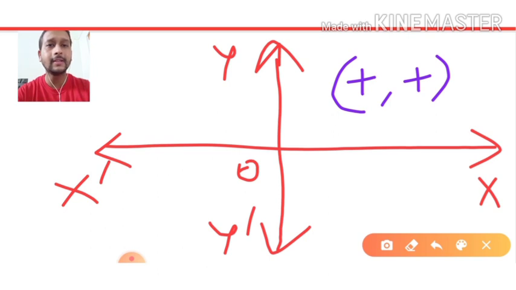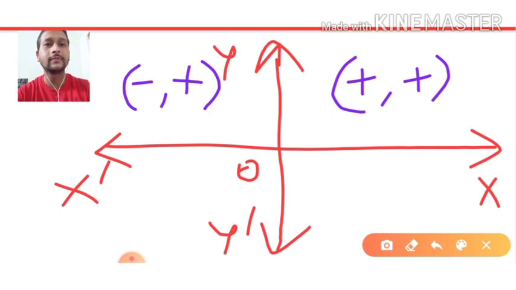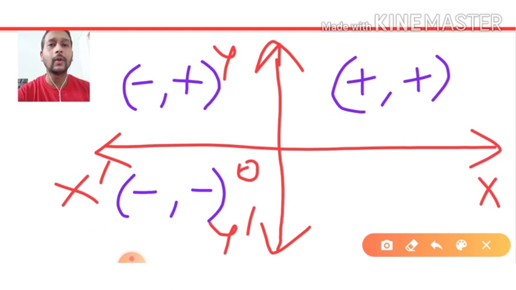If you come to this side, x is negative because on the left hand side x is negative, and y is above, so y is positive. So here it is negative, positive. If you look here, it is on the left hand side, so x is negative, and it is below, so y is also negative.